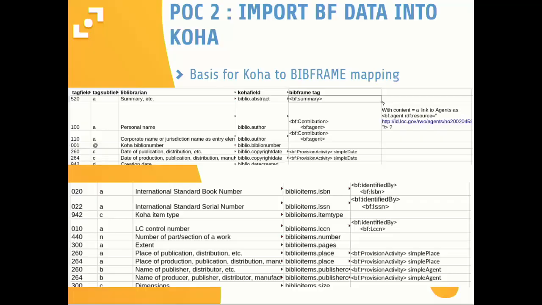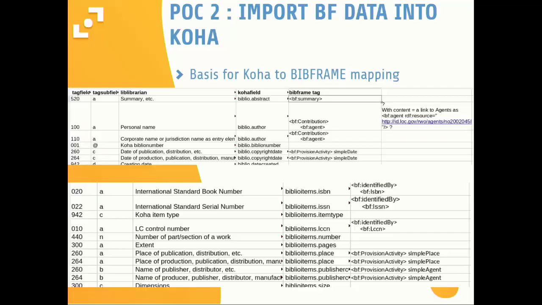So here we have some fields, and we identified in which Koha field the Bibframe fields are going to be imported. With one question, for example, about the personal name.